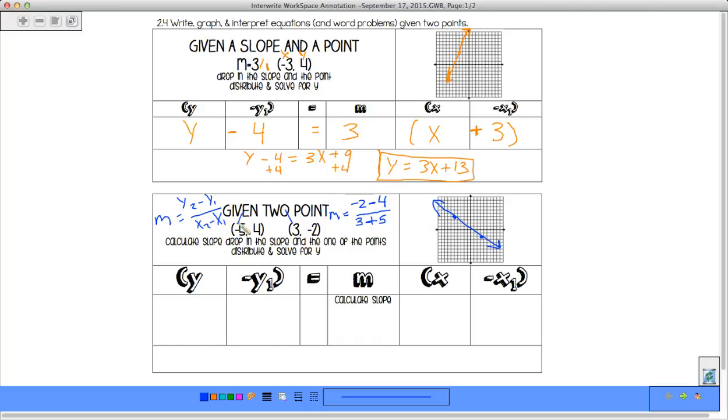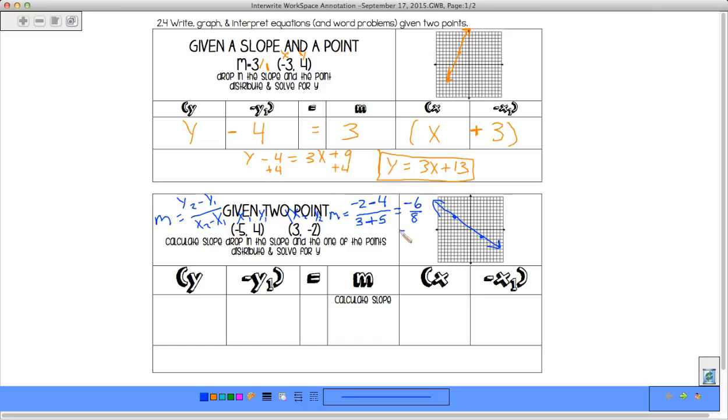So remember, this is x1, y1, x2, y2. And as long as you can label your point, you just have to plug it in. Here we get -2 minus 4 is -6 over 8.